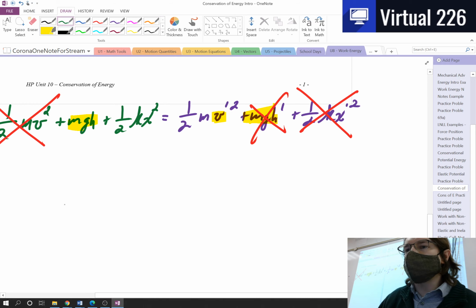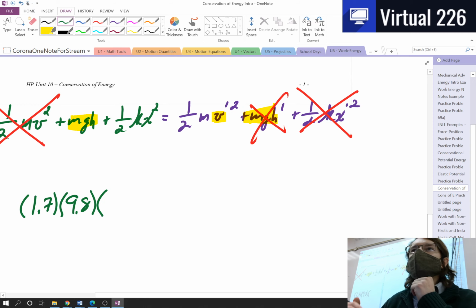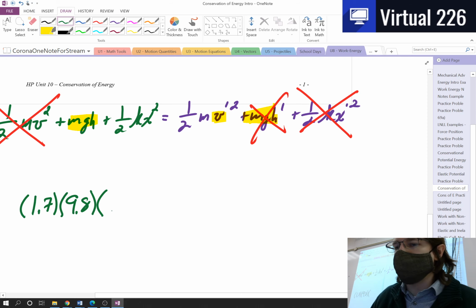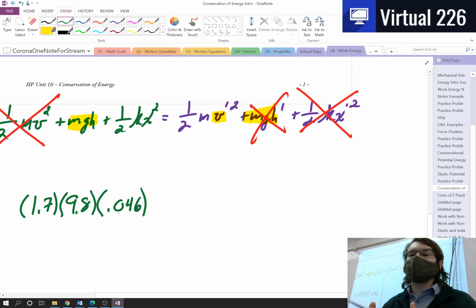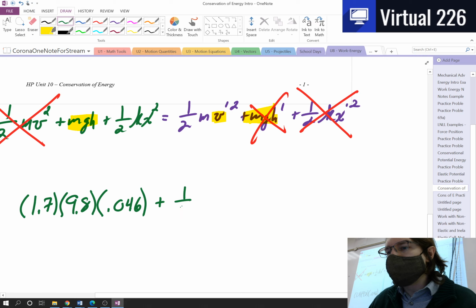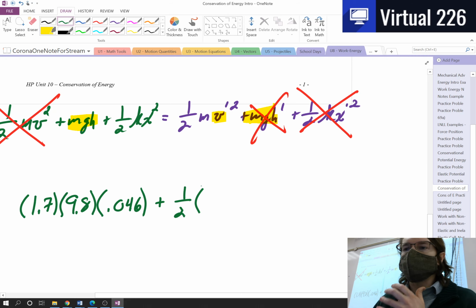So let's just throw in some numbers here. We've got mgh, and our mass here is 1.7. Gravity is naturally our classic 9.8. And the height above the reference position is 0.046 because it's above there. That's going to be a positive h value. We can add that to 1/2 times the spring constant of 955.